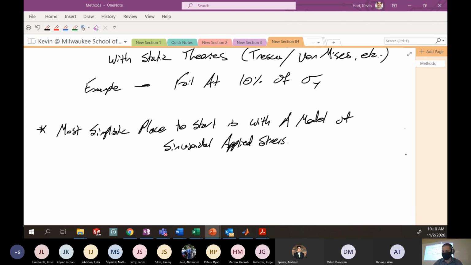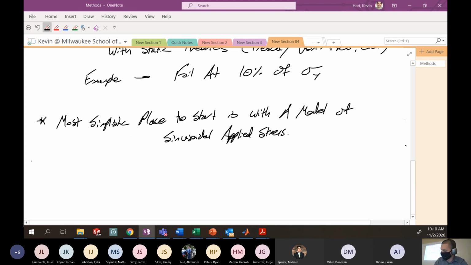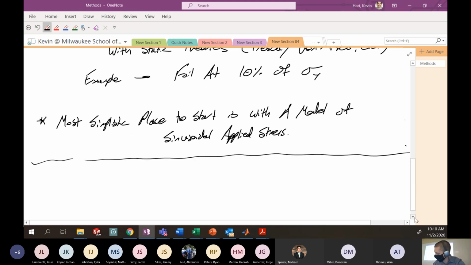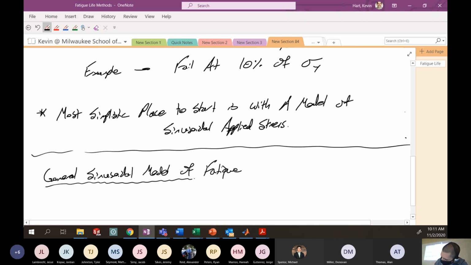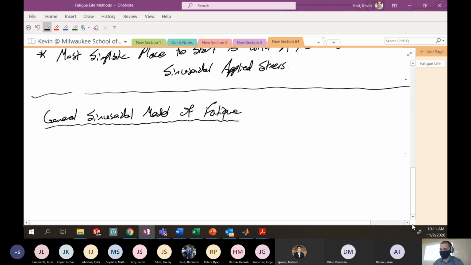All right, so let's look at a general model of fatigue with the most simplistic model. So, general sinusoidal model of fatigue. This is basically exactly what I said it was.